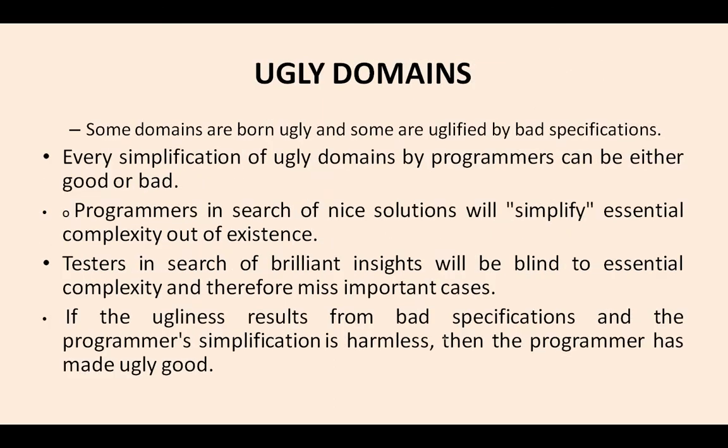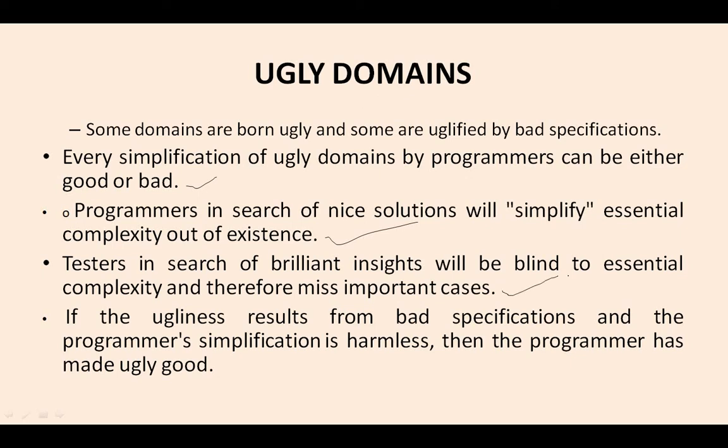Some domains are born ugly, having bad specifications, incompleteness, inconsistency. All these are bad specifications. Every simplification of ugly domains by programmers can be either good or bad. They can search for nice solutions and simplify essential complexity out of existence. Whenever there is no complexity, they can simplify, and then it becomes a nice domain. Testers, lacking such brilliant insights, will be blind to essential complexity and therefore miss important cases.